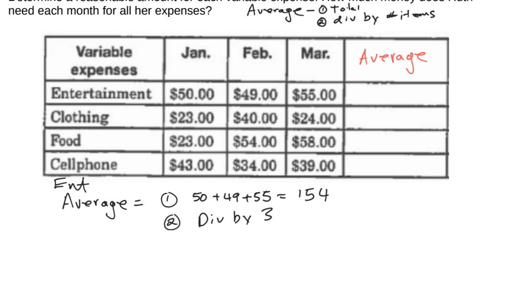The second stage is to take 154 and divide by 3. So we take 154 divided by 3, and you get 51.33 for the average.